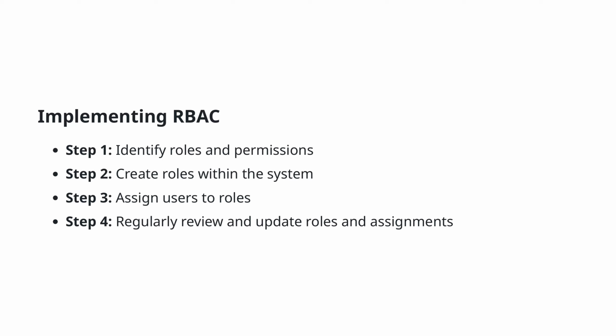Then, assign users to these predefined roles, aligning their access with their actual duties. Finally, it is important to regularly review and update both roles and user assignments. This ongoing process ensures that access permissions remain appropriate and secure, adapting to any organizational changes or evolving security needs.